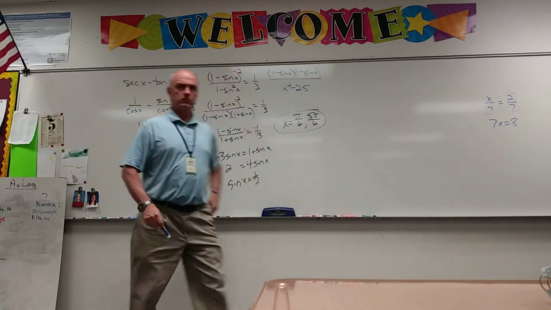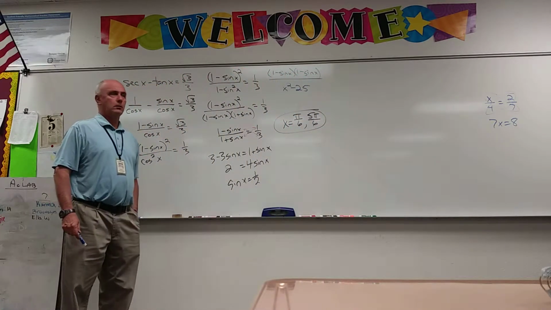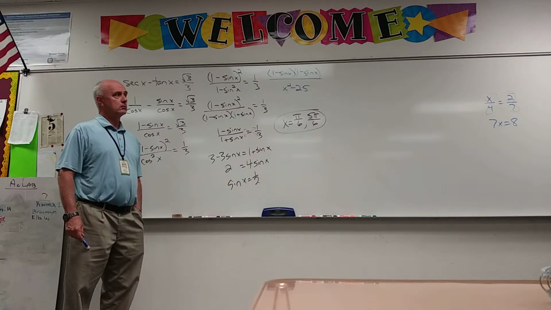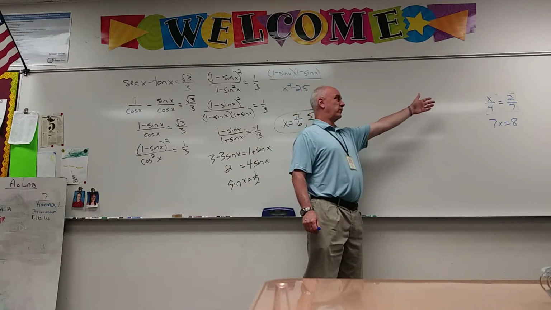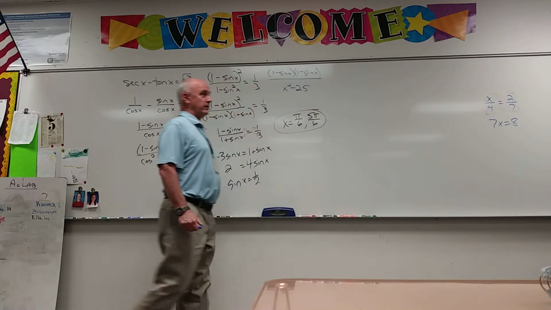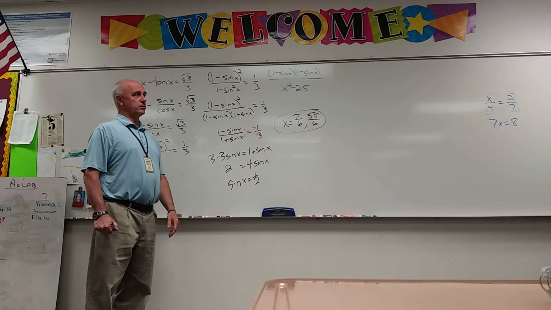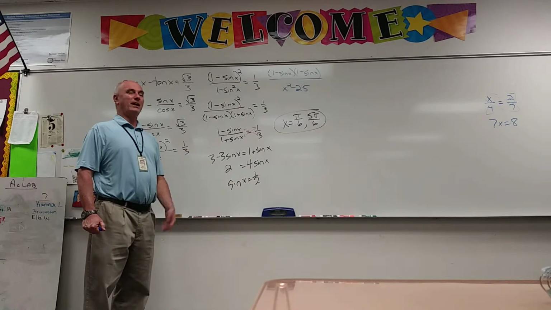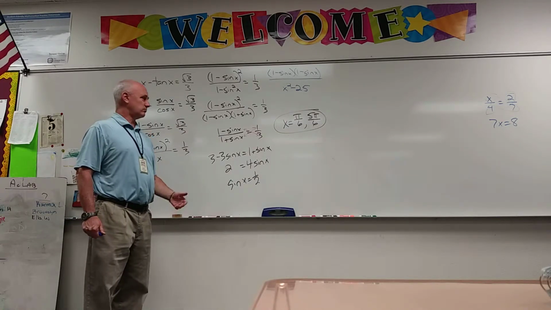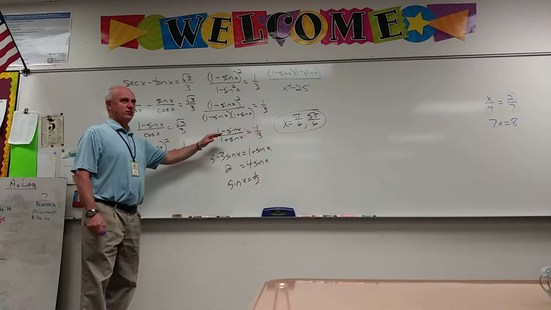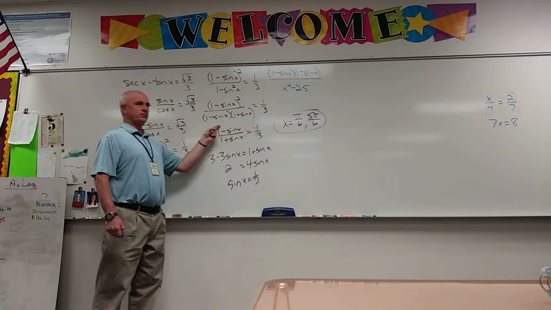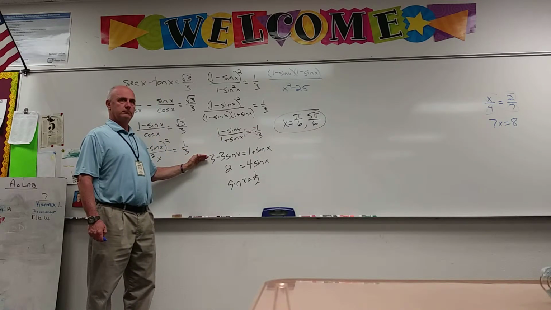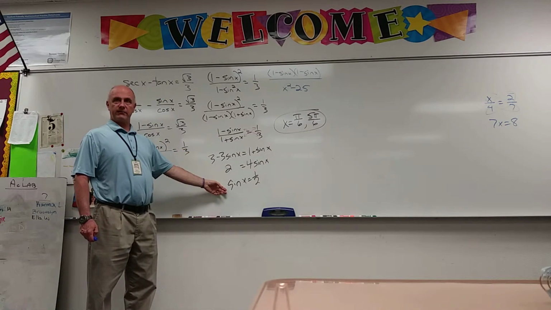Basically, we're multiplying both sides by the LCD in a way. But it's a lot easier to say cross multiply. So the bottom of this times the top of that, bottom of that times the top of that, gives us that. Sine of x equals 1/2.